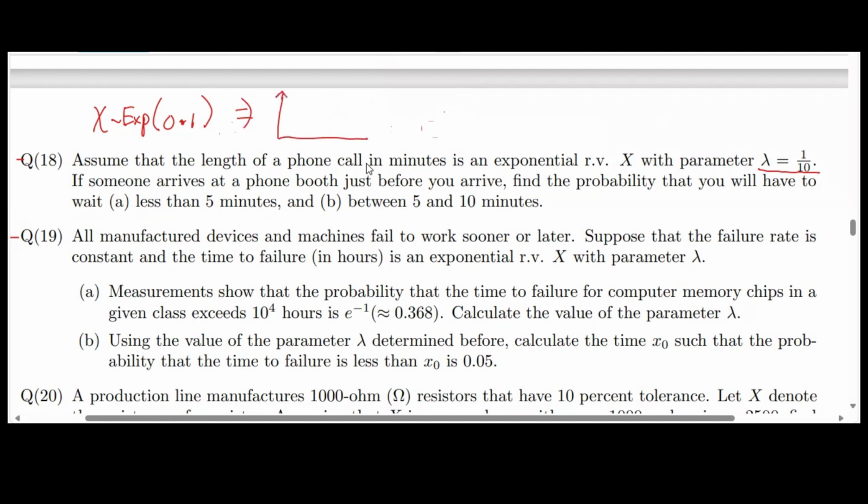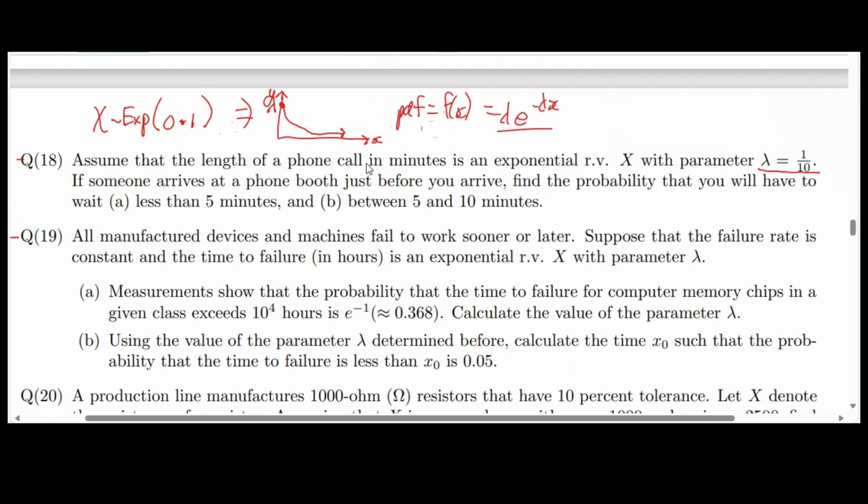This is for the PDF. Remember the PDF, small f of x, is lambda e to the minus lambda x. If you sketch this, it will look like this exponential. It won't touch the x-axis. This up here is lambda.